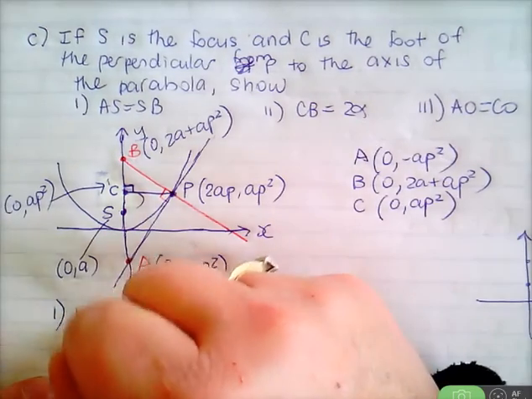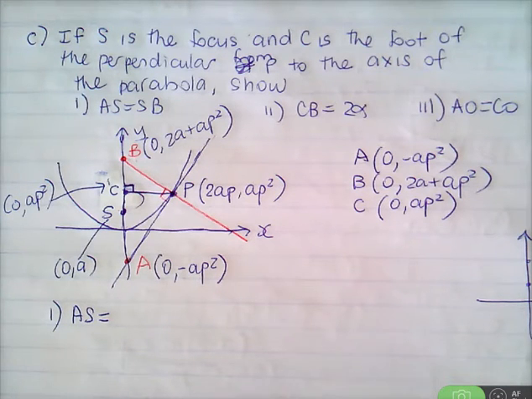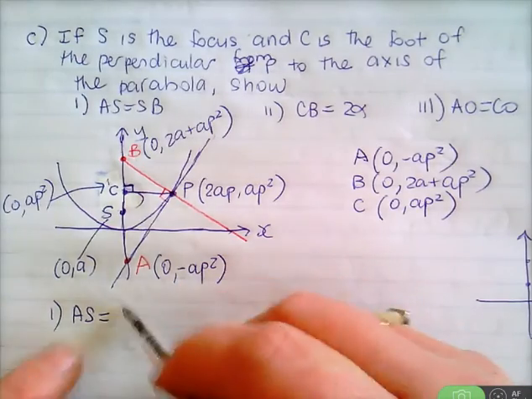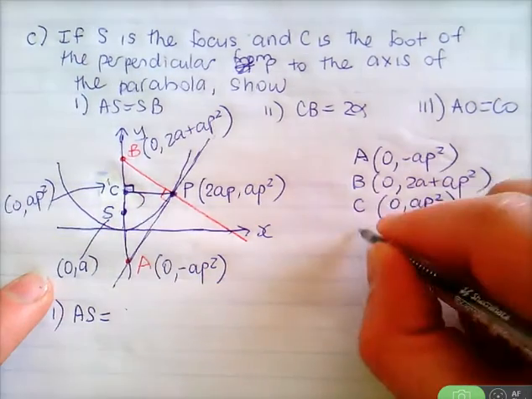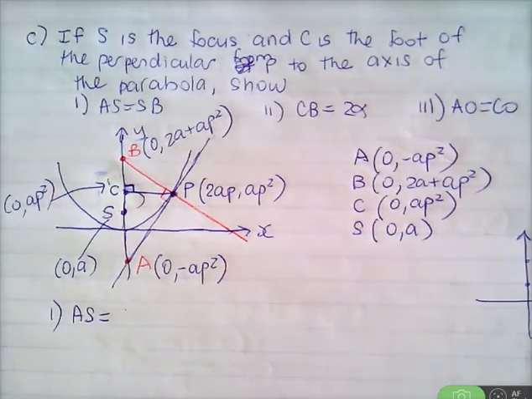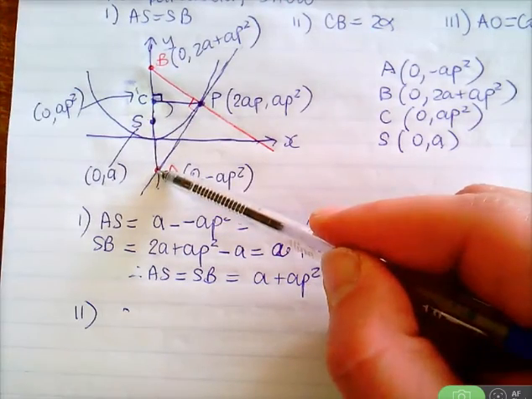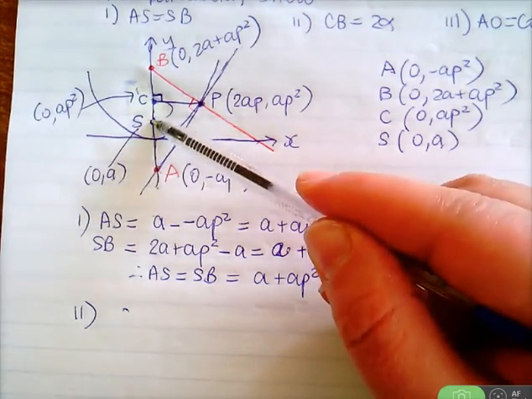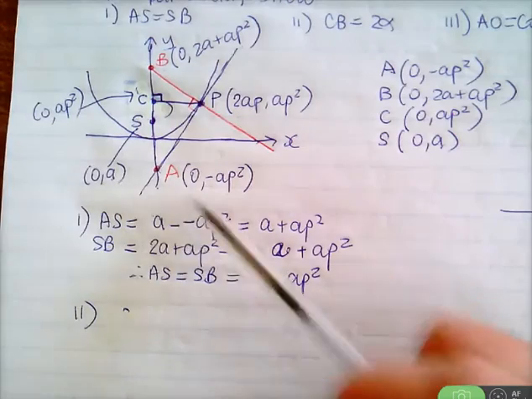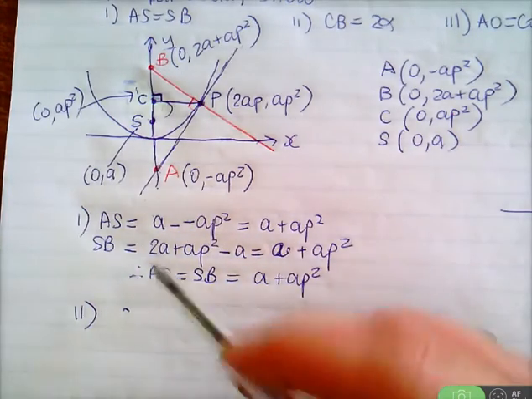So I want distance AS. Now, AS are above each other. Be careful. You always do the top point minus the bottom one. So, distance AS, here's S, 0A. It's the y value of S minus the y value of A, so you get A minus negative AP squared, which is A plus AP squared.